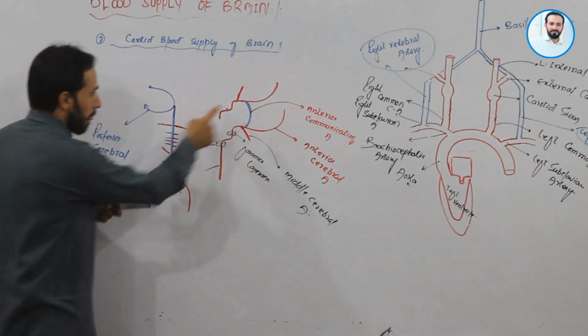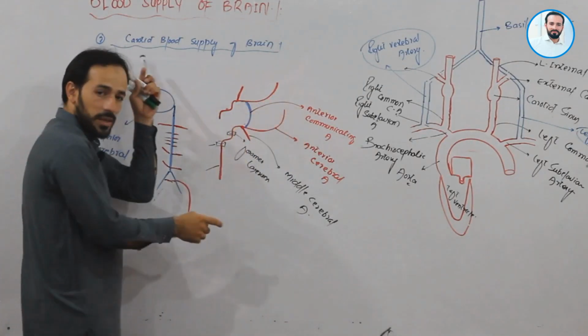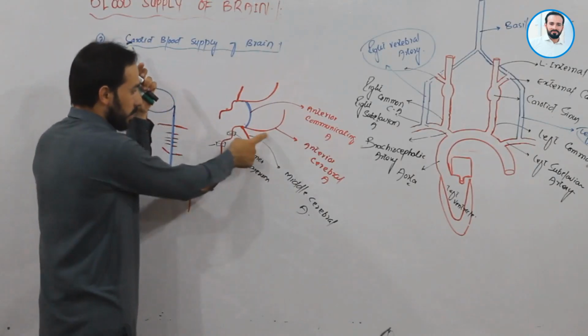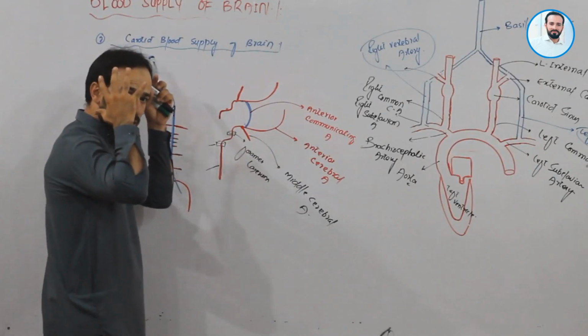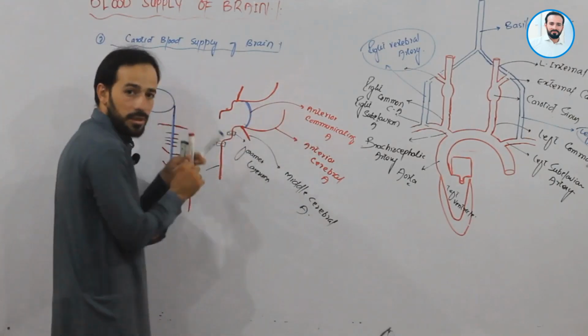Now look carefully, this is the left anterior cerebral artery, this one is the right anterior cerebral artery, both of them are communicated by an anterior communicating artery.